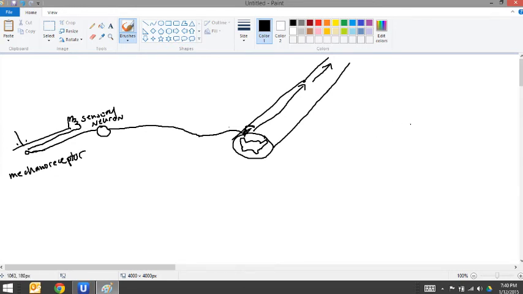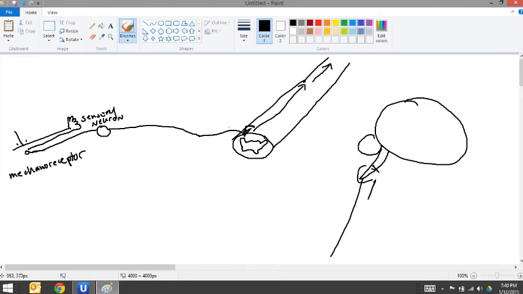So here we have the brain, the cerebellum, and the medulla, and the brainstem. Part of the brainstem here is the medulla. And this is connected to, more or less, the spinal cord. So here's our central nervous system.